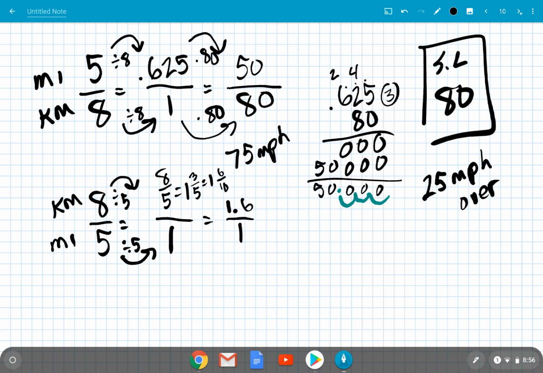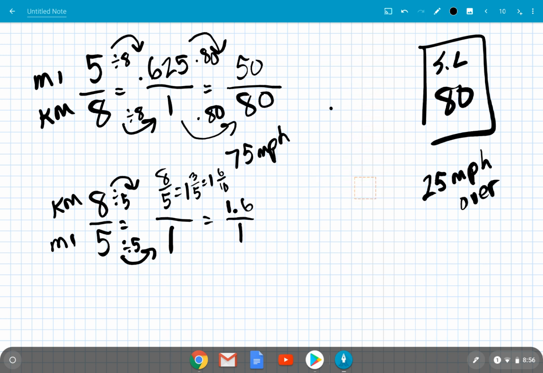So now I can look at what she was doing. I'm going to erase this just to give myself a little bit of room. And going with the one that I know and the one that we're trying to figure out. So we know that the speed limit was in kilometers, but I know that she was traveling 75 miles an hour.